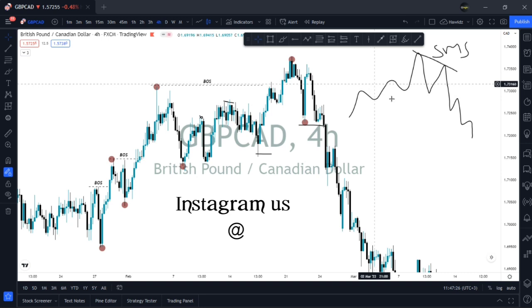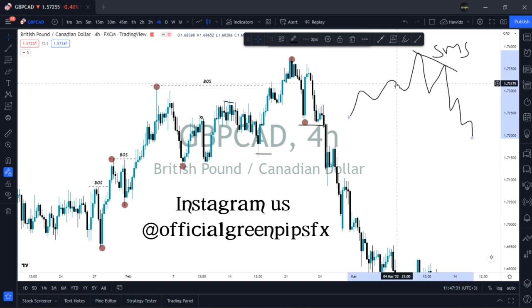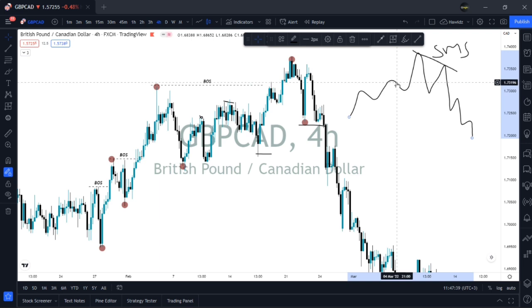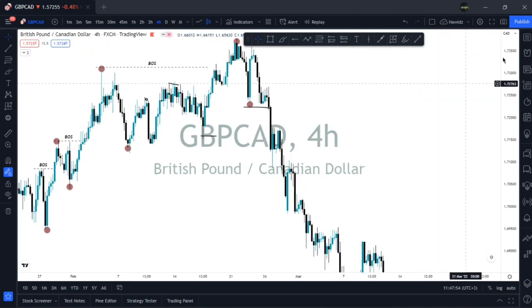Now let's continue following this order flow and see how good you can be at analyzing structure and knowing where the market is going without using any other indicators like the RSI or the moving average or whatever, right? So let's just delete that and continue following where structure is taking us.